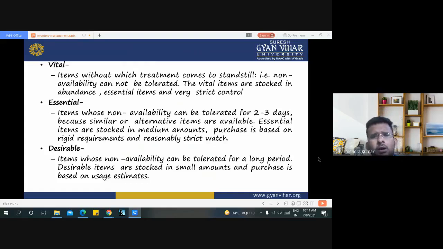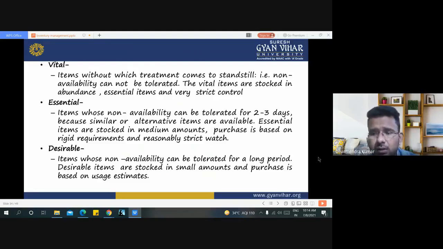Here is the significance of vital, essential and desirable. Vital components are those components which directly affect our rate of production and lead to idle machining and idle manpower.